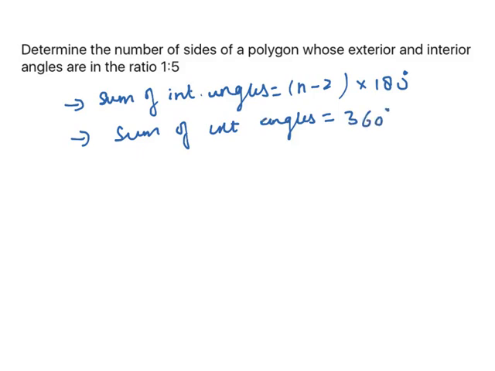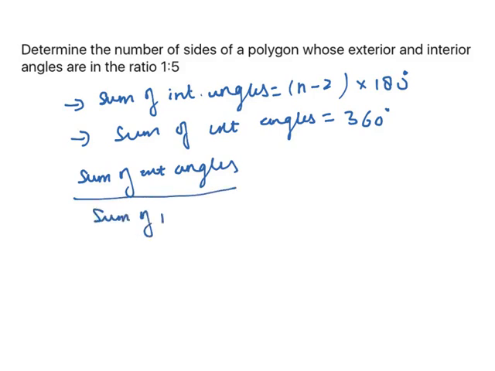Now they have given the ratio of exterior to the interior is 1:5, meaning sum of exterior angles by sum of interior angles is equal to 1/5. Now we can put the corresponding values in this equation.